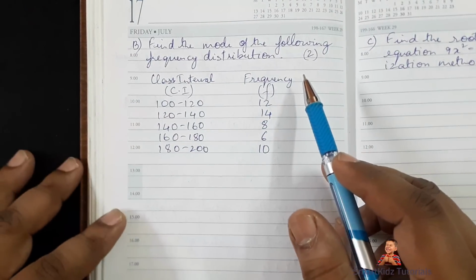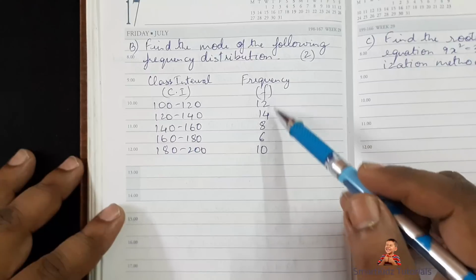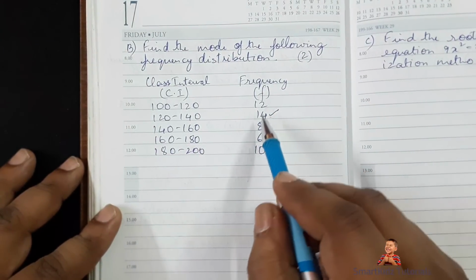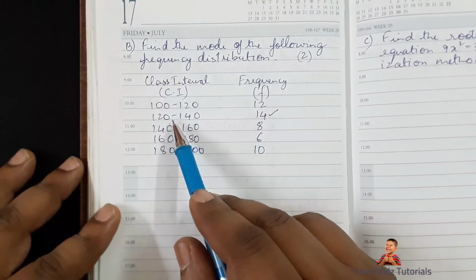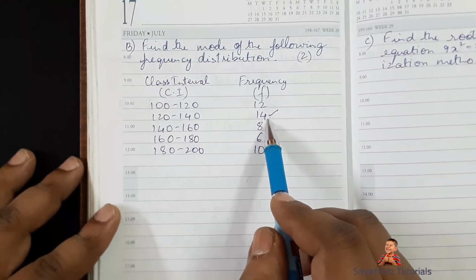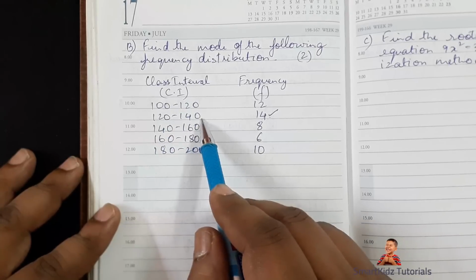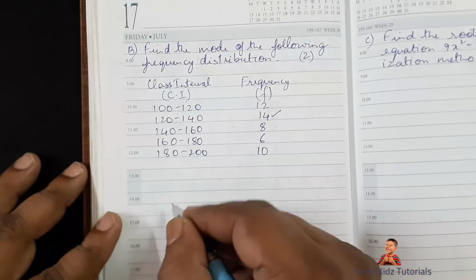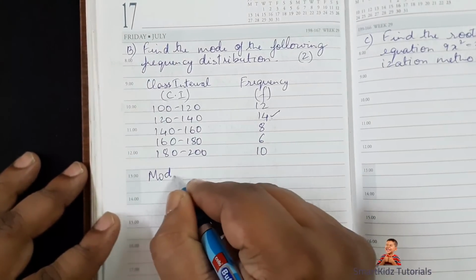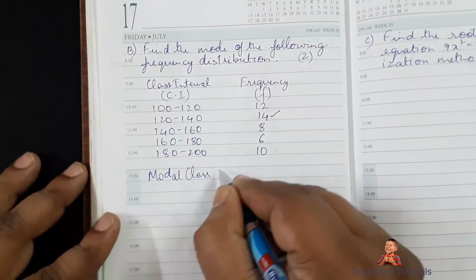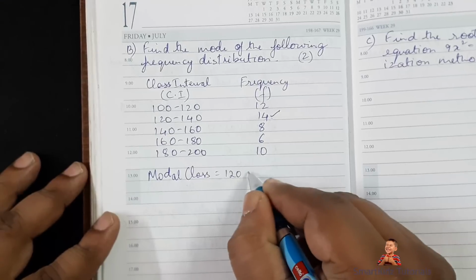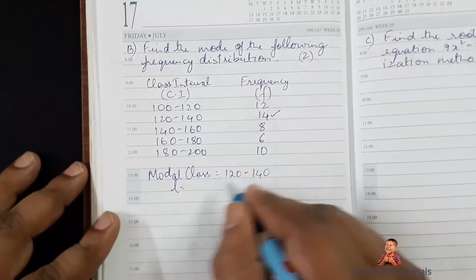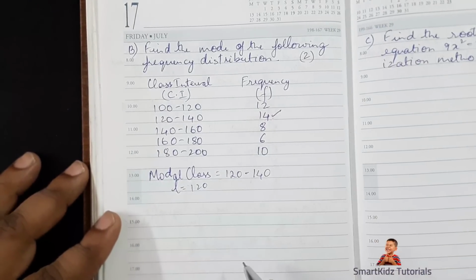So first we need to find the maximum frequency. The maximum frequency is 14. If the maximum frequency is 14, then we need to look at the class interval corresponding to that frequency, and that is 120 to 140. So this becomes our modal class. Modal class is equal to 120 to 140. So lower limit of the modal class is 120.